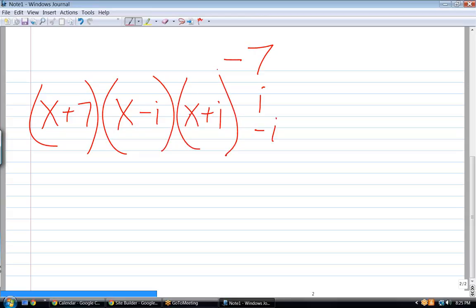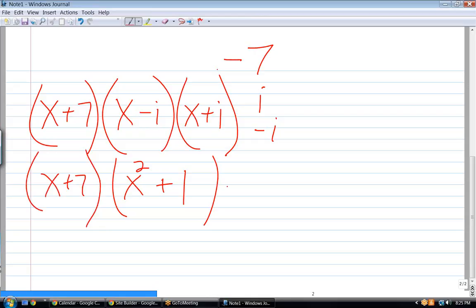Okay, multiply these two together. x squared minus i squared. Like that. Multiply those two together and you've got your polynomial. You want to multiply these two together?